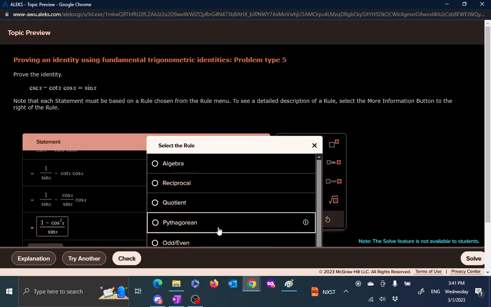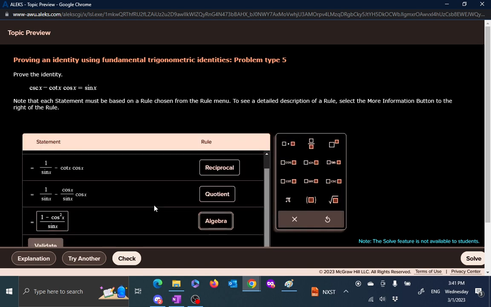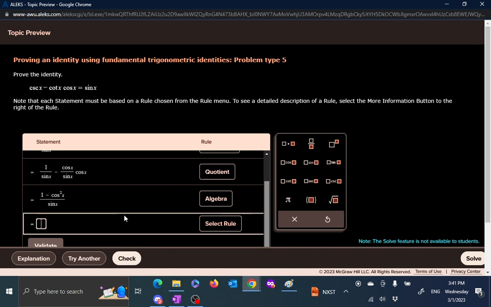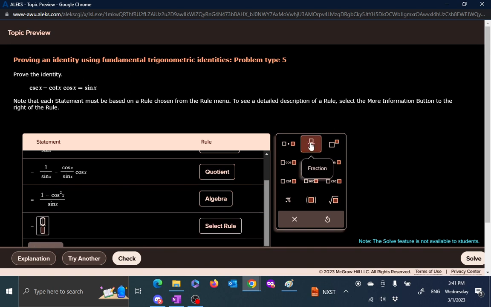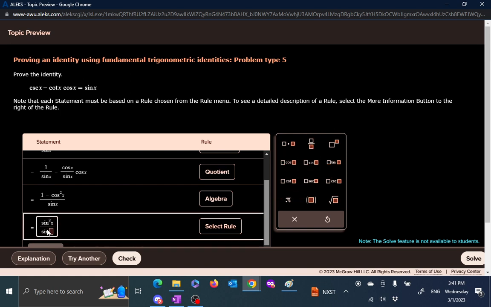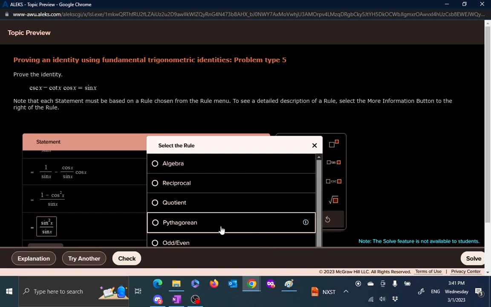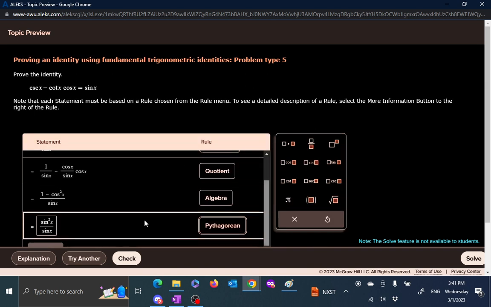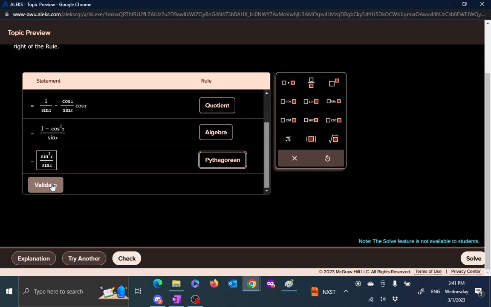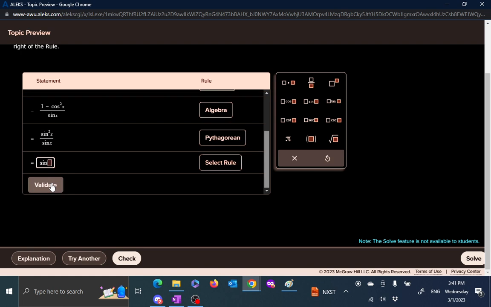So all we did here was just algebra. 1 minus cosine square, we recognize as sine square of x, over just sine of x, and all we did was Pythagorean. We simplify, get sine of x, and that just requires algebra, and then we should be home.